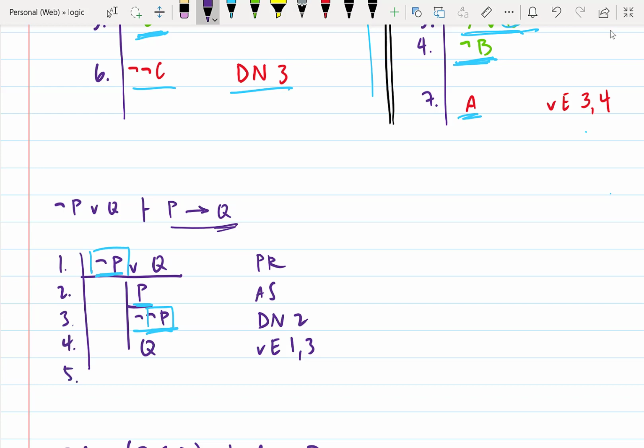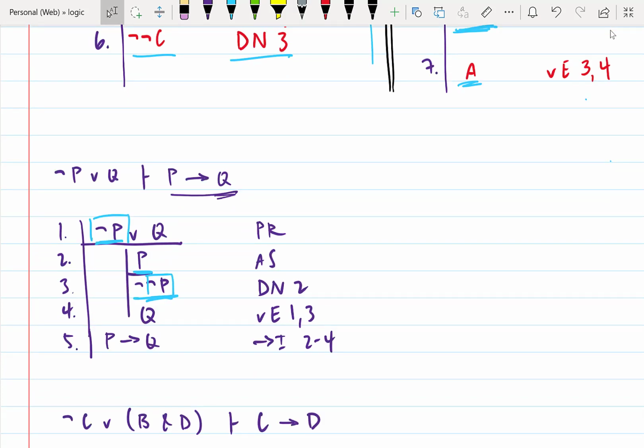So on line 5, I can put P arrow Q, arrow intro, lines 2 through 4. So this is just like problems you've seen already, except that we had to use the double negation rule. For that, you need to add another line to your proof, but otherwise, once you've done that, you can use the wedge elim and you can get your conditional.